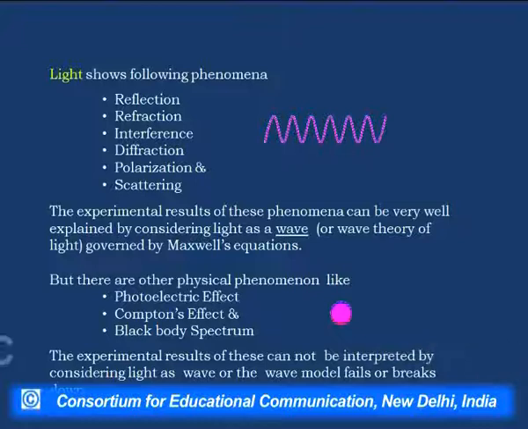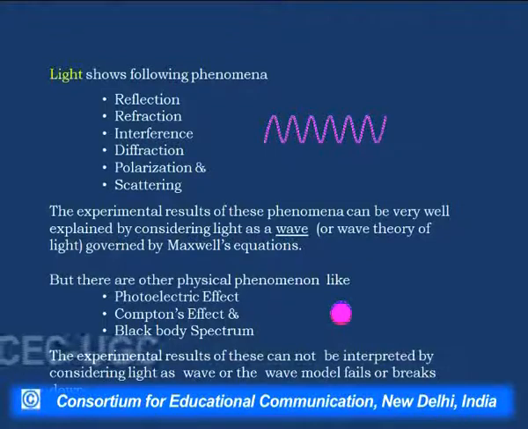And interference, we know if we have two coherent sources, the waves interfere, and it gives us the interference effect, the dark and bright fringes. Diffraction is when light passes through a small opening or some obstacle, so you can see the diffraction pattern. Similarly, polarization and scattering.